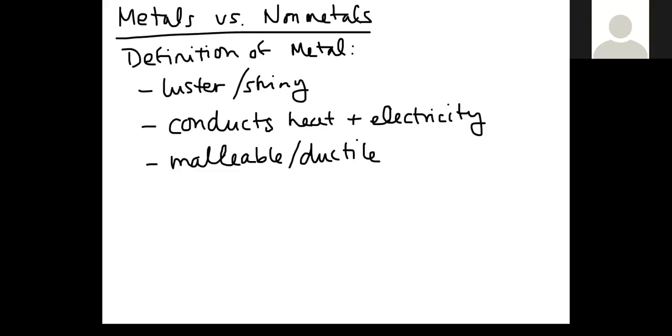Nonmetals tend to be none of these things. Semiconductors are somewhere in the middle, which is why we use them for electronics. Because if you had something in your electronic that was a conductor that was really easy, you'd have electrical impulses traveling through the whole time. And that wouldn't necessarily work. We only want electrical impulses to travel through our electronics at given points that we can control.